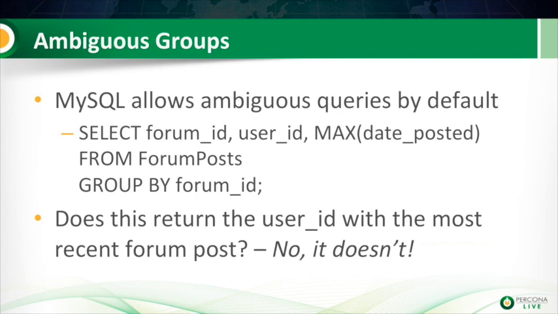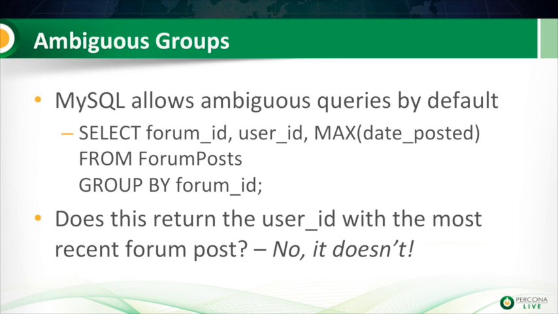The problem with this is that it doesn't actually return the user who posted the most recent forum post. It'll return one of the user IDs who posted to that forum, and it'll return the date of the greatest forum post. But the user isn't the one who posted that one with the greatest date.